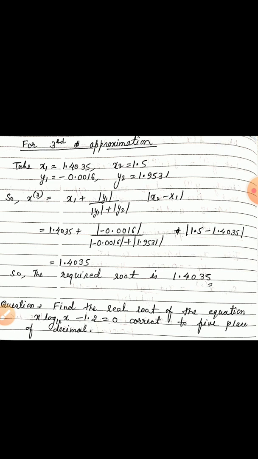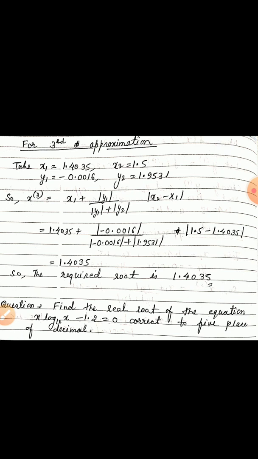And as it is written in the method, the interval is sufficiently small, so you can simply narrow your interval by nearer values, just like x1 is equal to 1 and x2 is equal to 2 and f(x1) and f(x2) are of opposite sign, then you have to find the values at 1.1, 1.2, 1.3 and get the nearer subinterval.